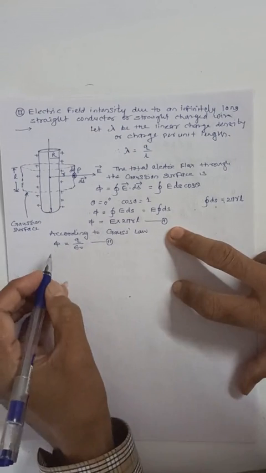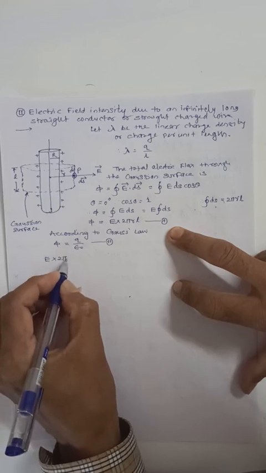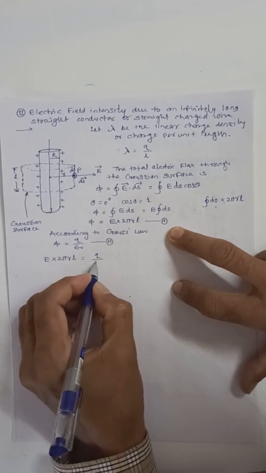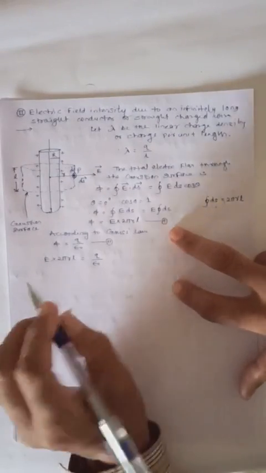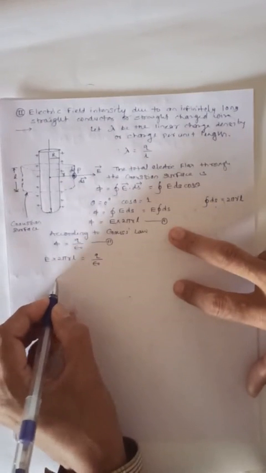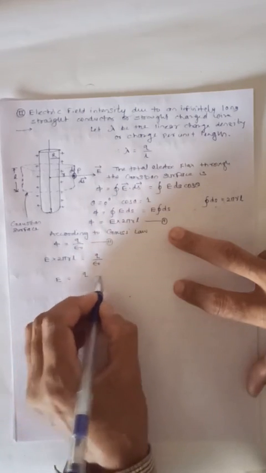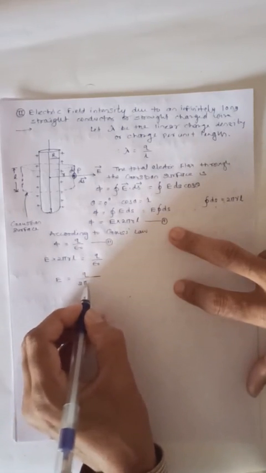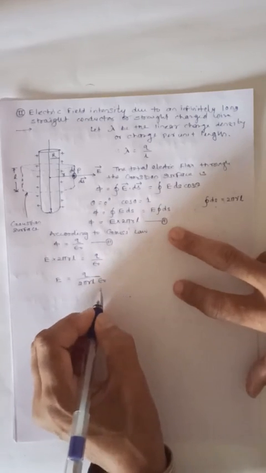Equating equation 1 and 2, E into 2 pi r L is equal to Q upon epsilon 0, and therefore E is equal to Q upon 2 pi r L epsilon 0.